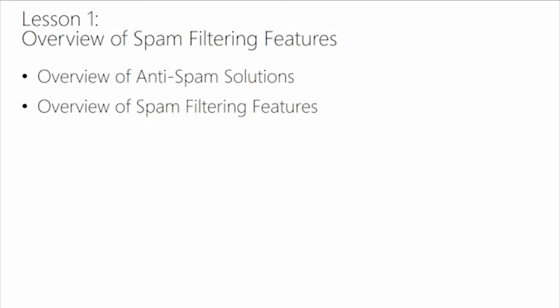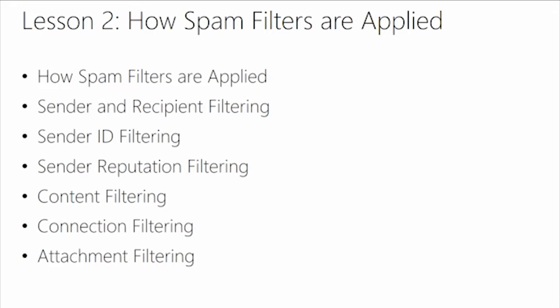So let's start with the first lesson, where we talk about the anti-spam solutions and how those features work in Exchange 2016. The first thing that you have to remember is there are many filters in spam, and when you look at a message, there are a couple of things that you can deduce from the whole message to inform your decision if a message is spam or not.